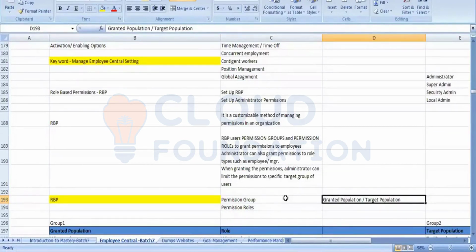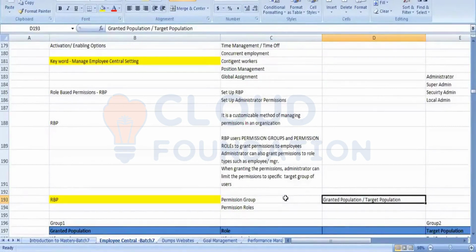Because, if your company is also located in France and France also has 100 employees, you cannot access it. Because France will be having some other HR admin and you are the HR admin for Germany location.